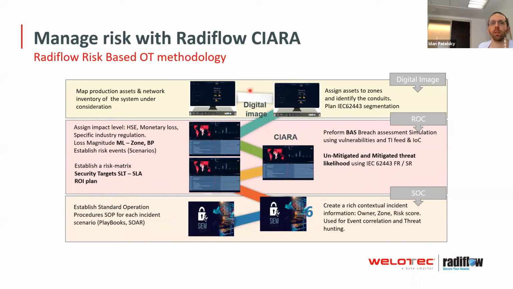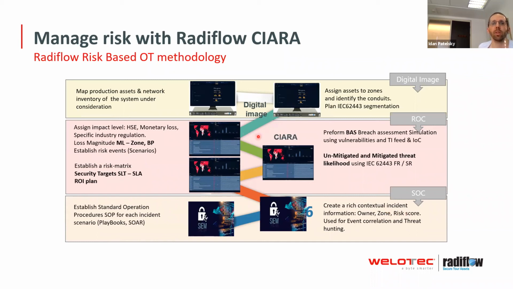Again, this can be done by simple pickup recording of the network. The last two steps, which is really to create some rich contextual incident information and to establish the standard operating procedure, is done similarly at the SOC, by the SOC team.